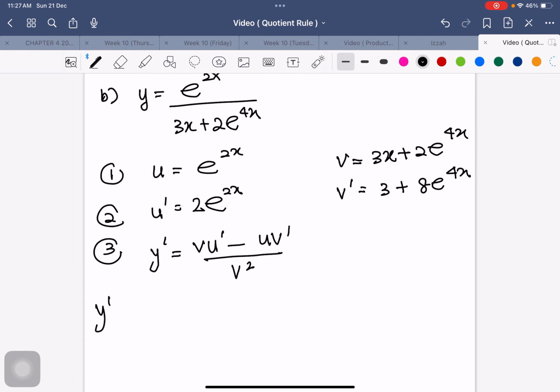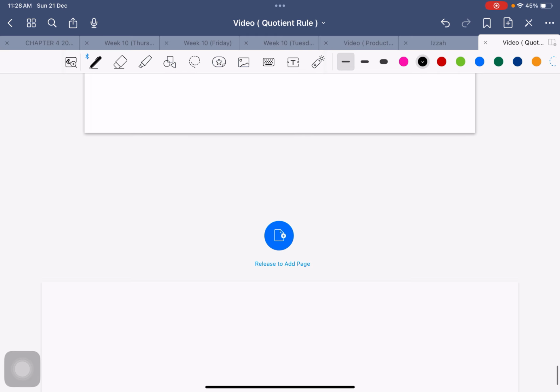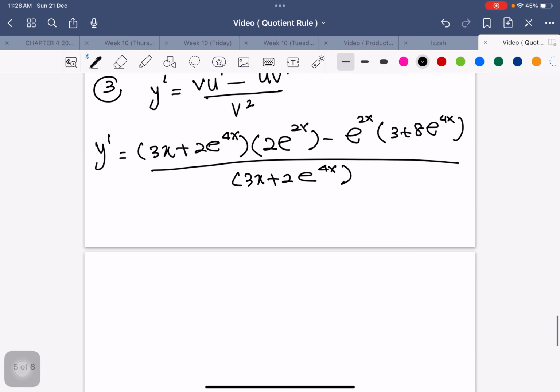So your y prime is equal to, what is your v? 3x plus 2 exponent 4x. u prime is 2 exponent 2x, minus u, which is exponent 2x, times 3 plus 8 exponent 4x, over v squared, so 3x plus 2 exponent 4x. Okay, so try to expand and simplify.